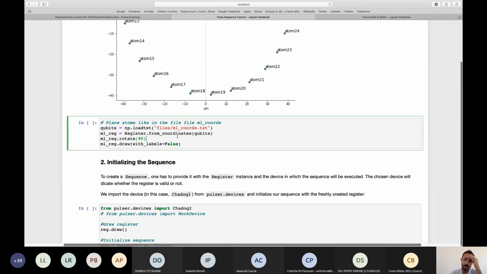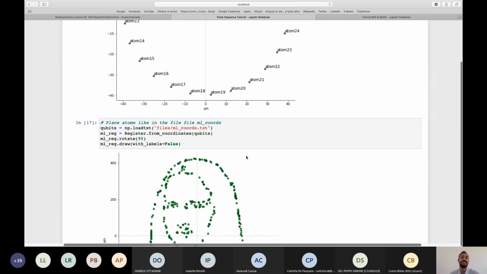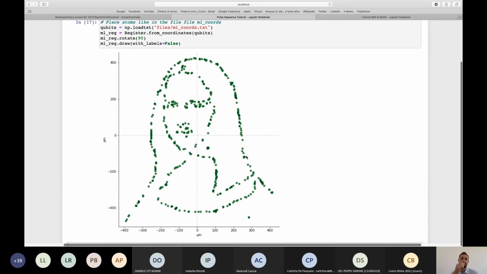And remember that you can arrange atoms in 2D in almost every way you want. So ML stands for, yes, exactly, the Mona Lisa.